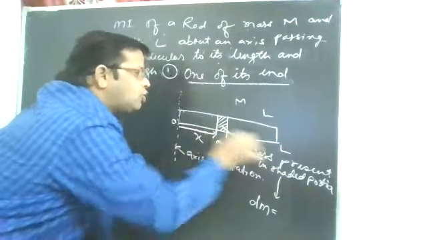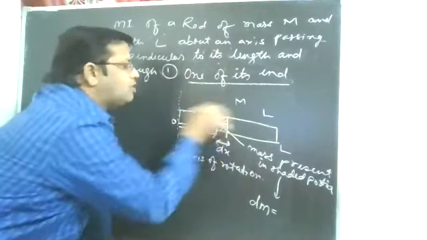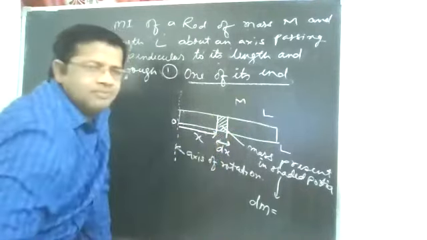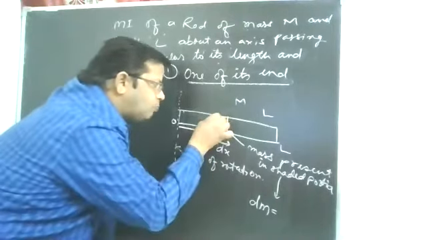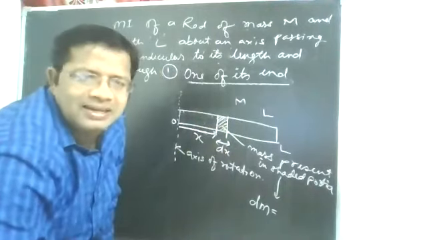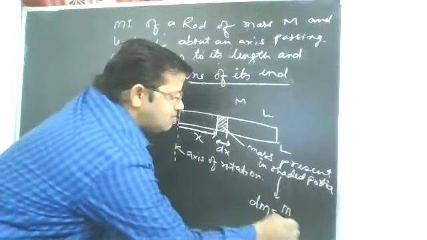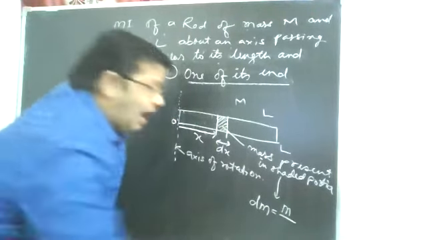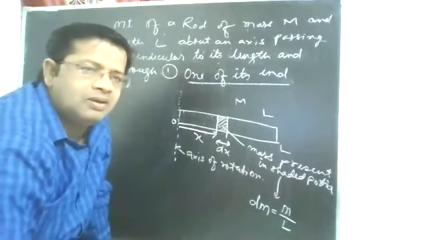Because 0 to L is the total length of the rod, and the mass present over the total length of the rod is M. Now, what is the mass present over this small part of the length of the rod, which is dx? It is dm. M is the mass of the rod and L is the length of the rod, so mass per unit length of the rod.